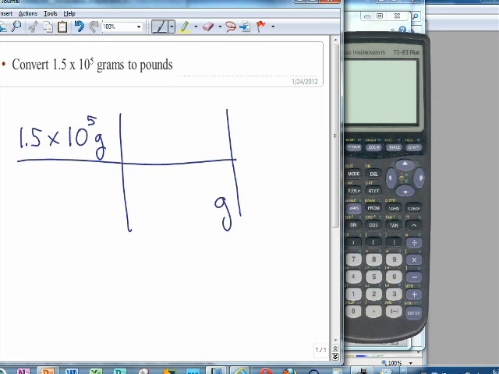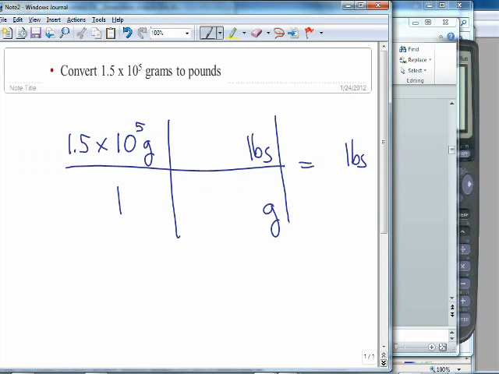So we want grams on the bottom, and we want pounds on top. Because whatever we want, we put on top. We put 1 under here, and that equals pounds. So let's find a conversion factor that goes from pounds to grams. A gram is about the size of a paper clip, 454 paper clips is 1 pound basically.